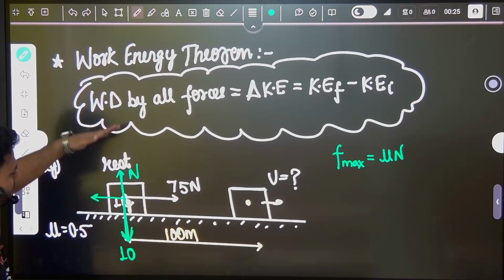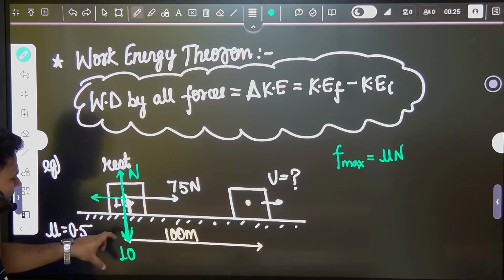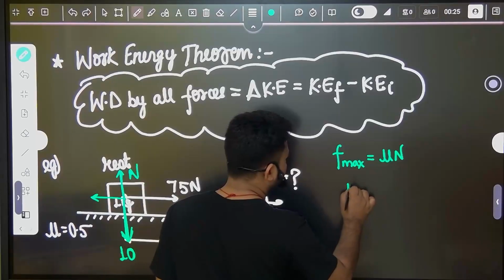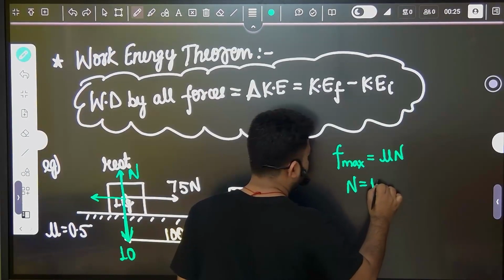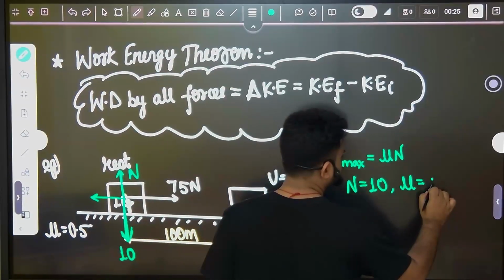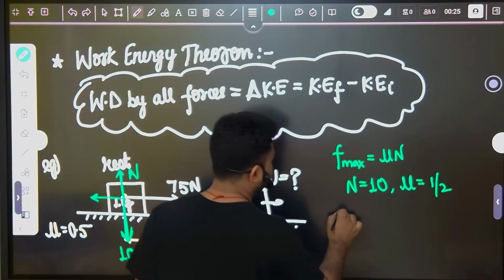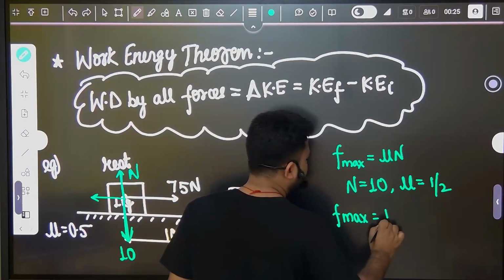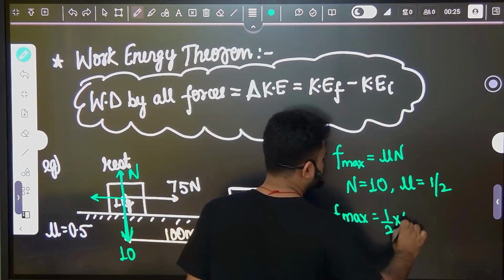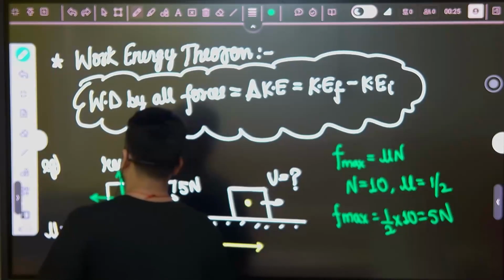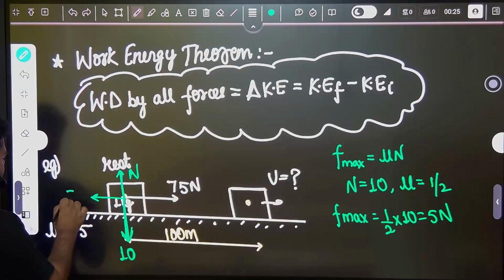Because the block is not going up and down, normal is 10. Here the normal value is 10, and the mu value is given as 0.5, which means half. So maximum friction will be mu into N, half multiplied by 10, that is 5 Newton. So friction is nothing but 5 Newton.